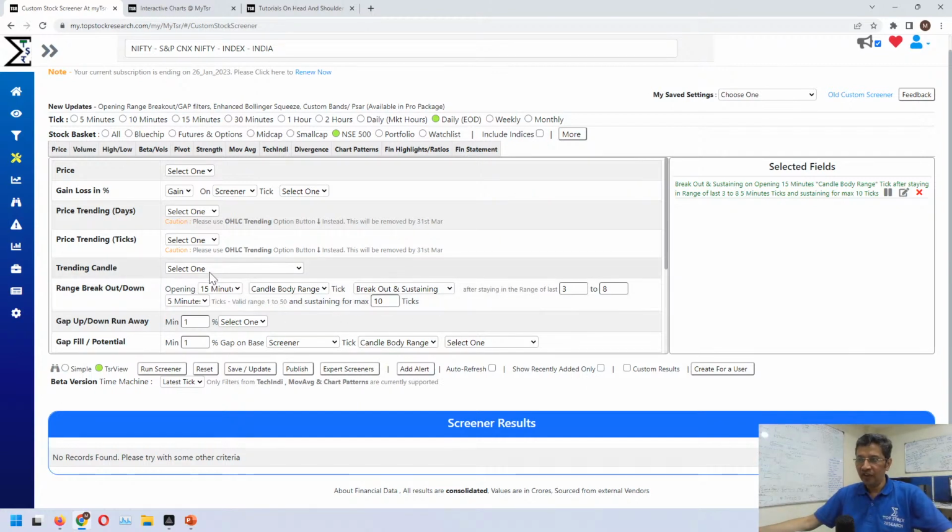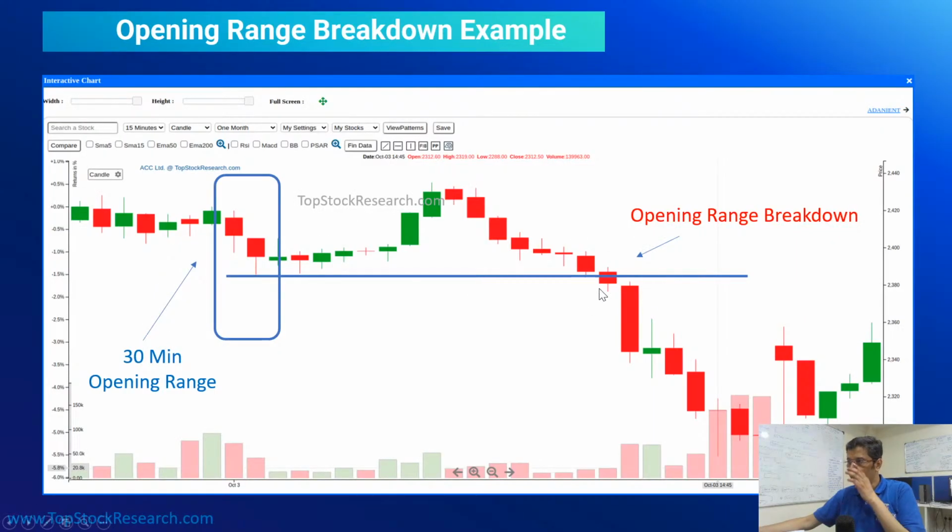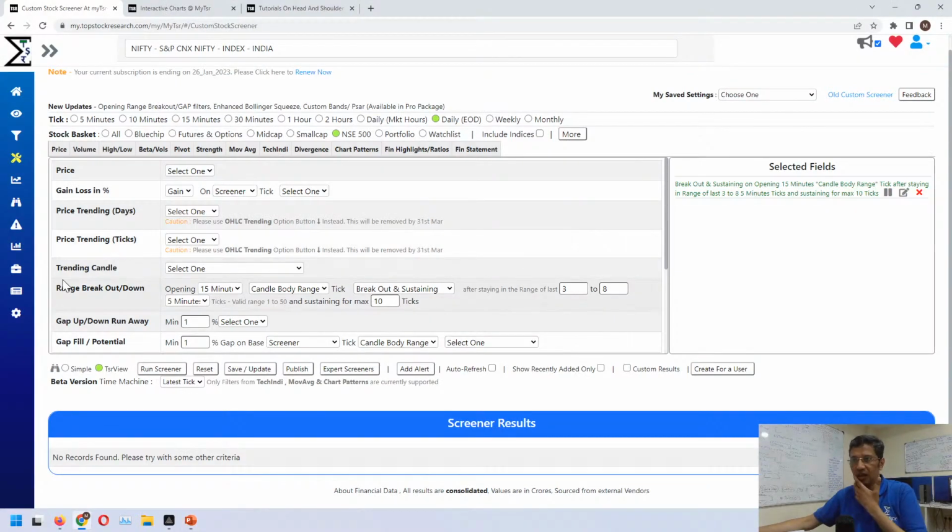So that will give the 1 minute tick, but 15 minutes or 30 minutes tells you where that particular stock was at an initial level and where it is breaking out, breaking down, or breaking out and sustaining, right? So in the examples that we have, it is not only the breakout and breakdowns but also sustaining beyond that level, right? Those are certain filters that you can apply for this kind of thing, okay?